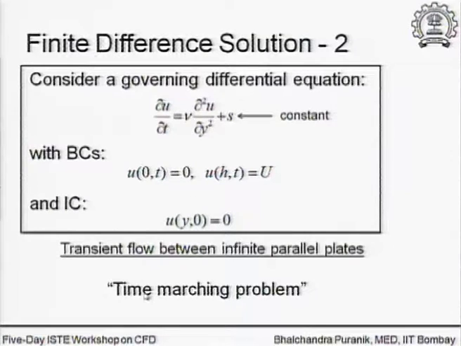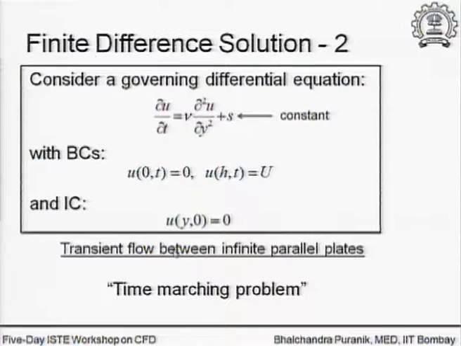So what was that? It was basically this transient flow between infinite parallel plates, and the governing equation was this diffusion equation with a source term, with that source equal to -1/ρ dp/dx, which was a constant. And there were these boundary conditions. The lower plate is stationary, the upper plate is moving at constant velocity capital U, and the initial condition is that everywhere at time equal to 0 the velocity is 0.